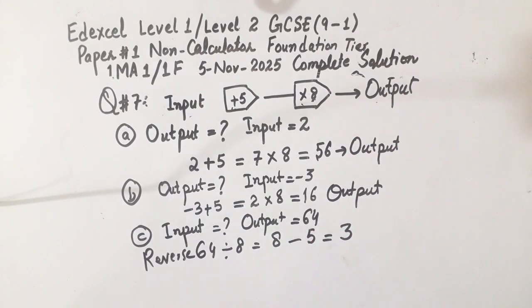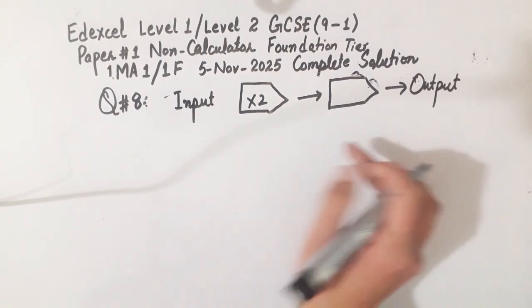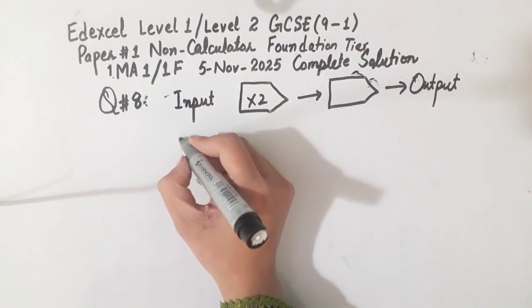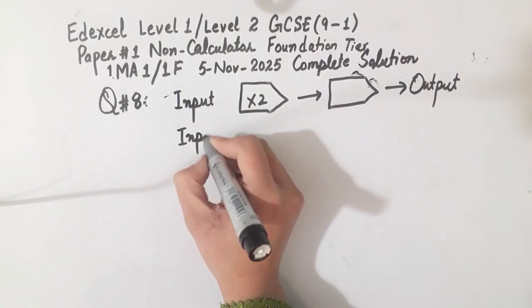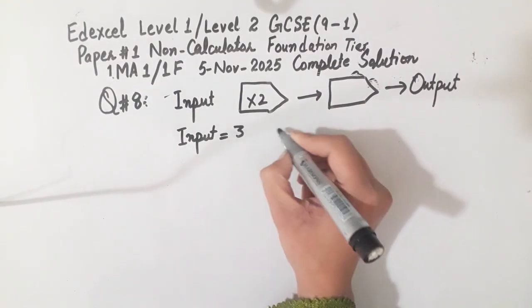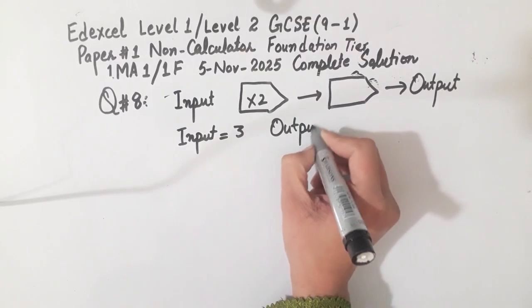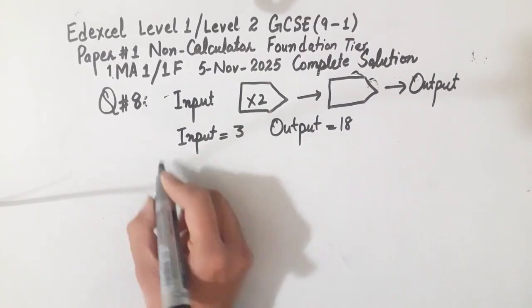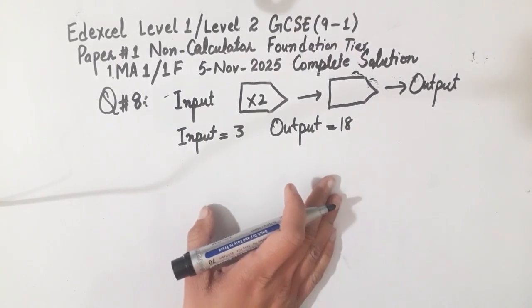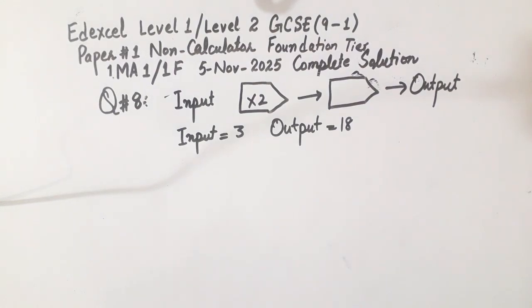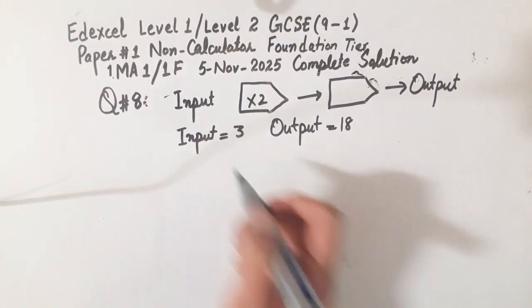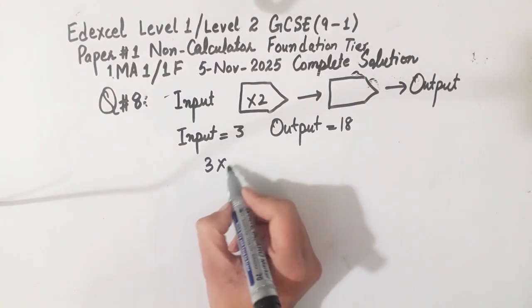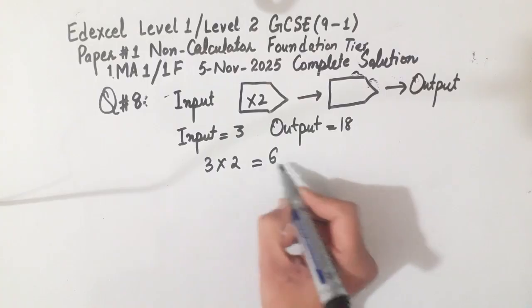Now we will solve the next question. In this case you have to find the missing operation when input is given 3 and output is given 18. So how to complete this machine? Let us substitute all the values. We get 3 multiply 2 input, that is 6.